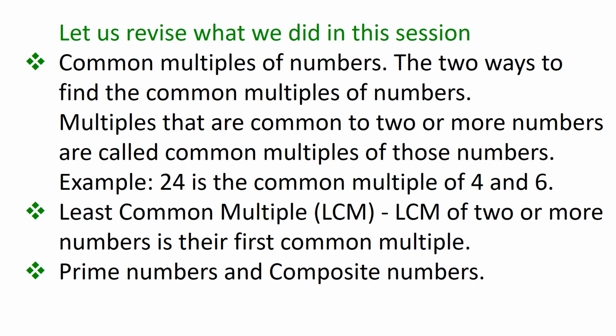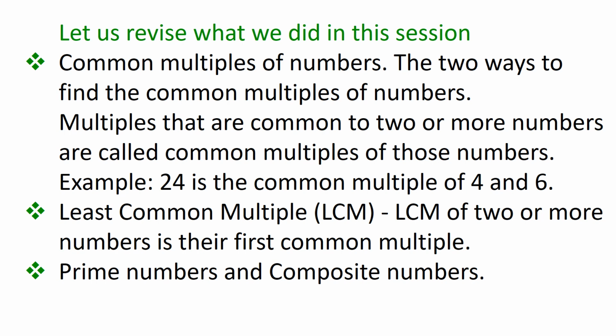The 2 ways to find the common multiples are either by circle diagram or by writing the multiples of the given numbers and circling the common multiples. Then you learned least common multiple, that is LCM. LCM of 2 or more numbers is their first common multiple.